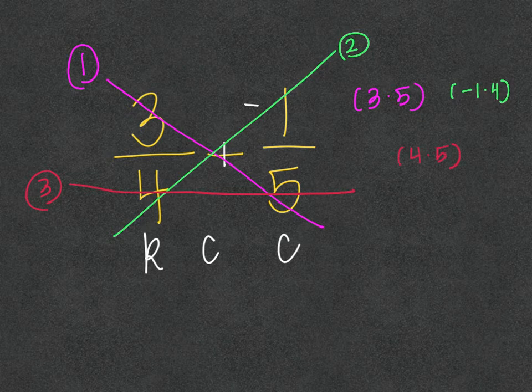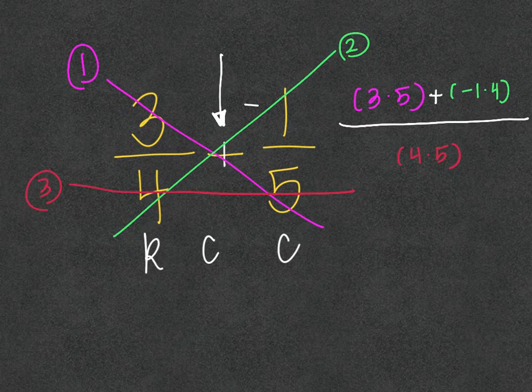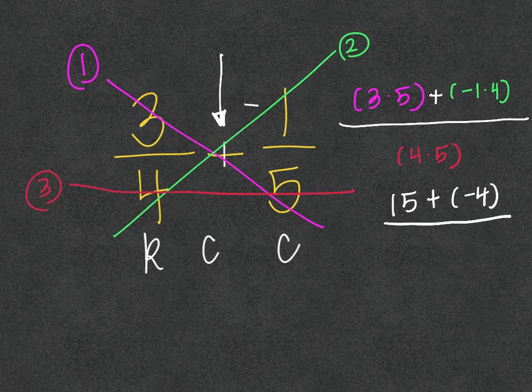So if we get our lines in here, so we've got steps 1 and 2 are part of the numerator, and we are adding right here, so we're going to add right here. And then step 3 gives you your denominator. So 3 times 5 is 15, plus -1 times 4 is -4, and then 4 times 5 is 20.